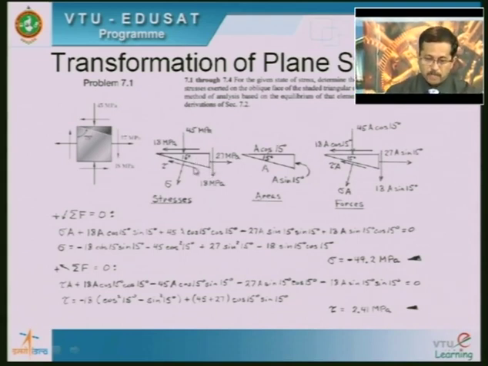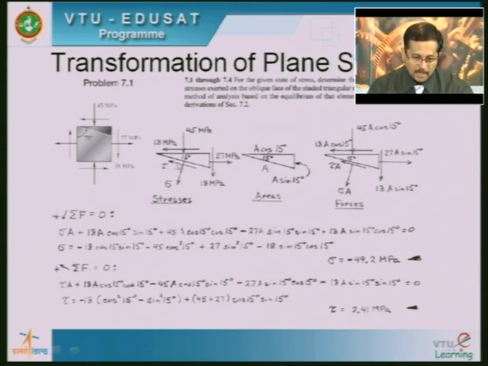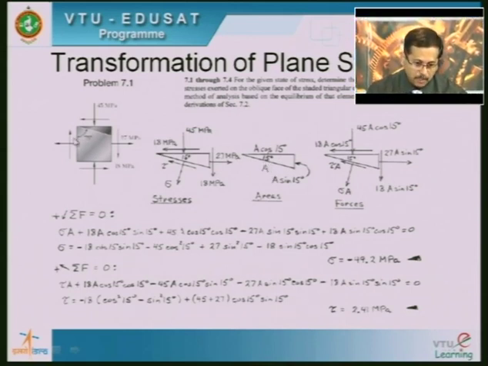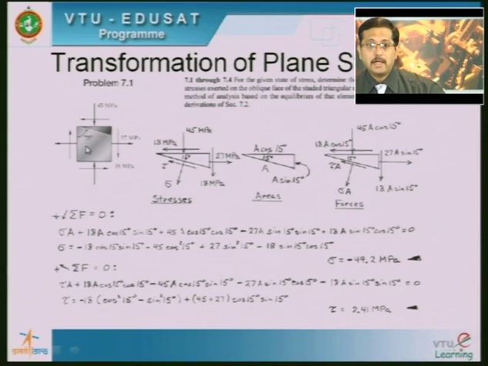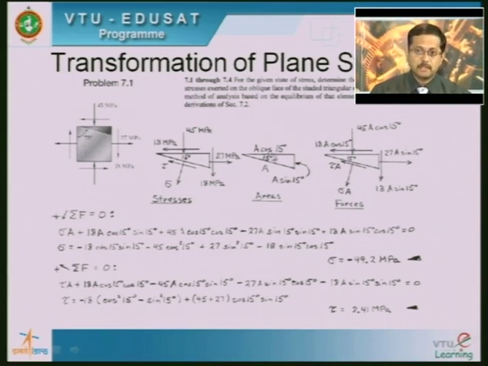Now to find out the areas, this diagram is given. The area taken here is A. So this plane is inclined at 75 degrees with the vertical, whereas with respect to the horizontal it would be 90 minus 75, which is 15 degrees, as given here.